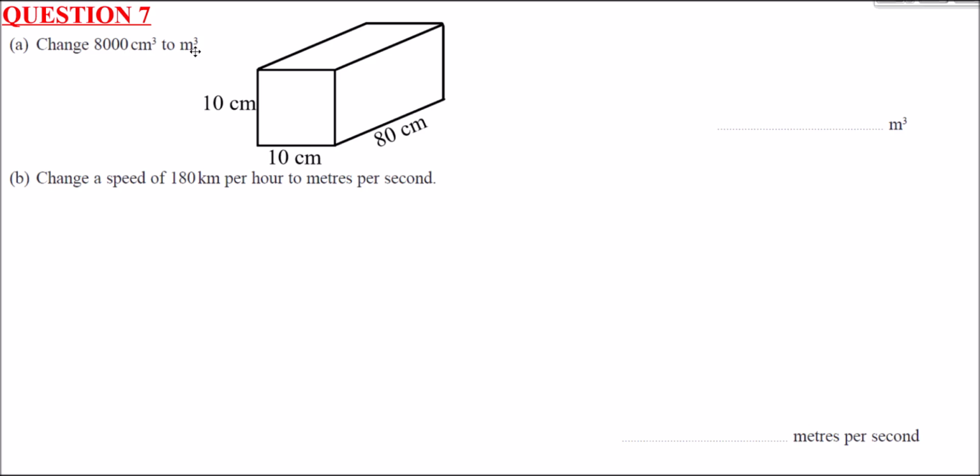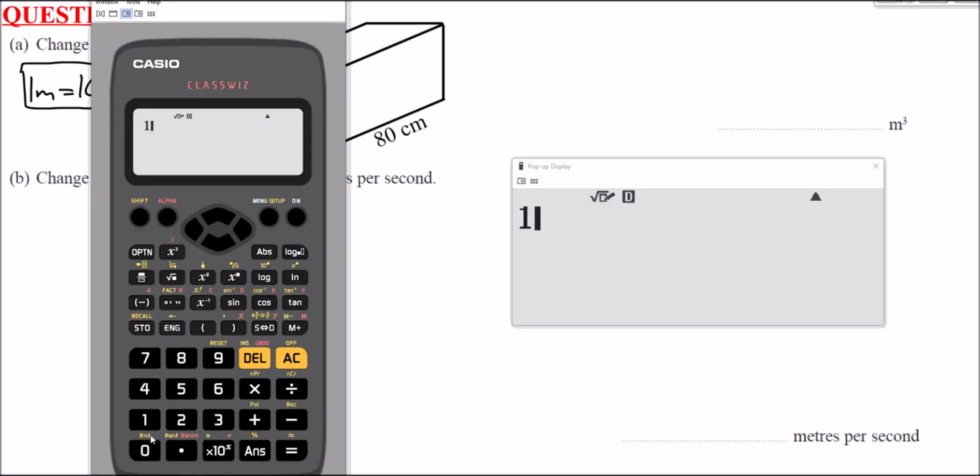To change to meters cubed, I'm going to convert all these units step by step into meters, using the fact that 1 meter is 100 centimeters. So I can convert from centimeters to meters, going from the big number to the small, by dividing all of these measurements by 100. So 10 divided by 100, if I try that in a calculator, will give me 0.1.